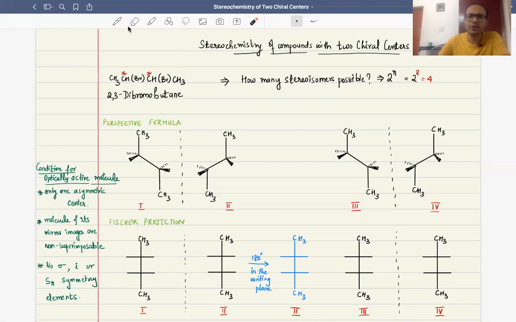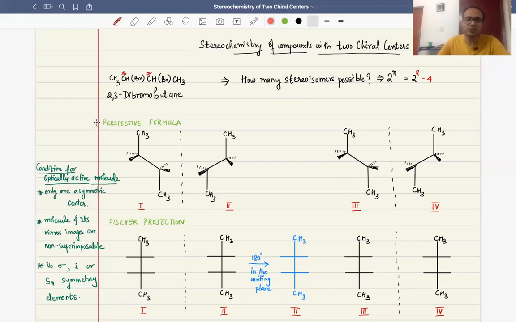So after knowing the number of stereoisomers that we can write for 2,3-dibromobutane, now the next job is to represent and draw these stereoisomers. So how do we draw them?